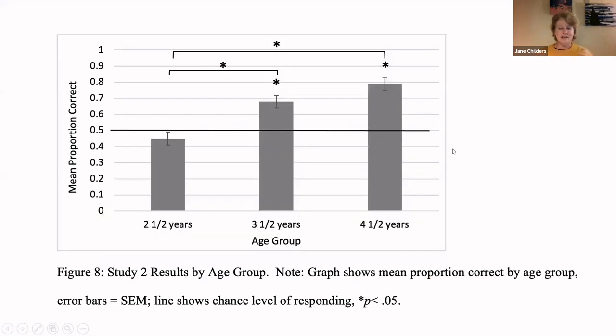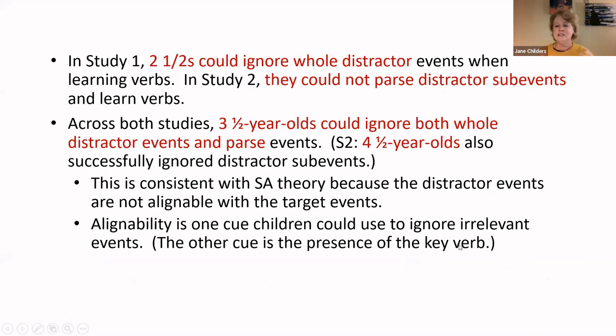What we found is that at 2.5, this is now too hard. Having events flow into each other is really difficult, so they fail. But by 3.5, they can do it. They can parse events, learn a verb, extend it at test, and ignore distracting parts of events. There is no difference between distractor first and distractor last.